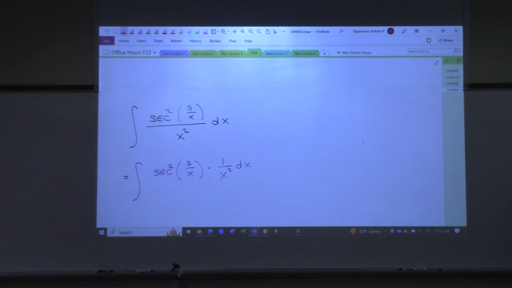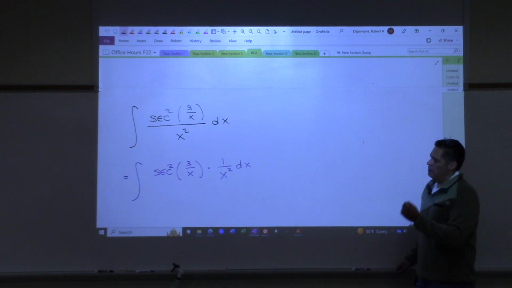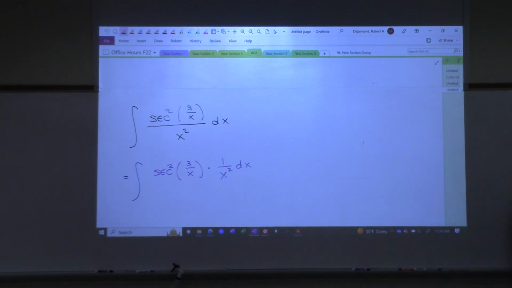That's the same problem, right? Just took that x squared off the bottom to the side as a 1 over x squared. All right. Let me know. What do you think? Who thinks they have u to sub? No? Think so? Give people a little bit more time.